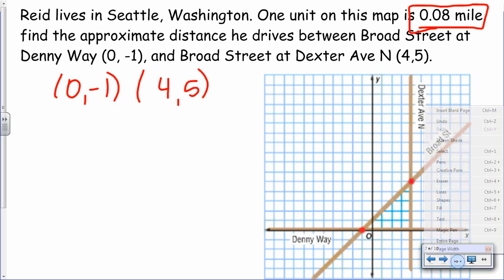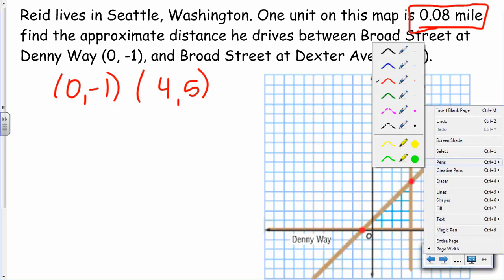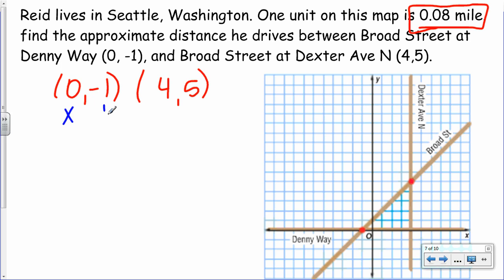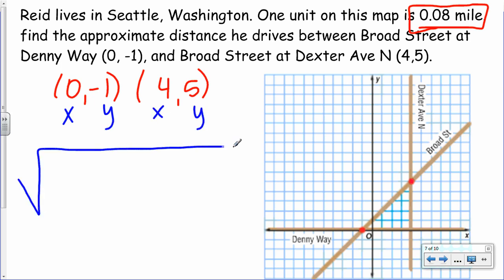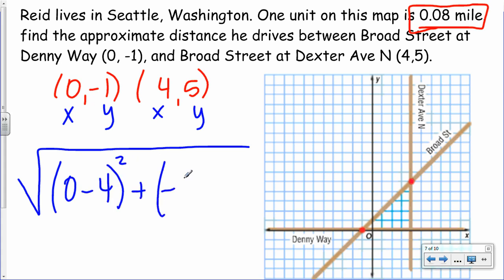And let's see, I'm going to label my x's and my y's. So x, y, x, y. Then I'm going to plug that into my distance formula. So x's first, y's second. All right, when I plug that into my calculator, I get 7.2.